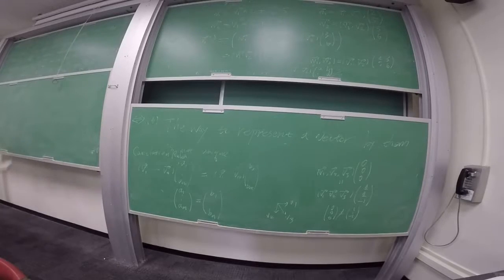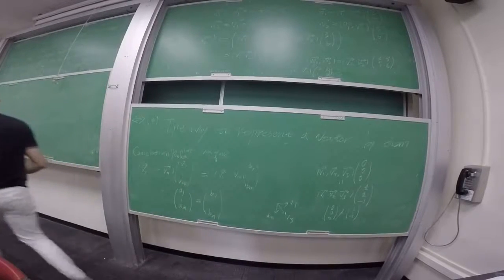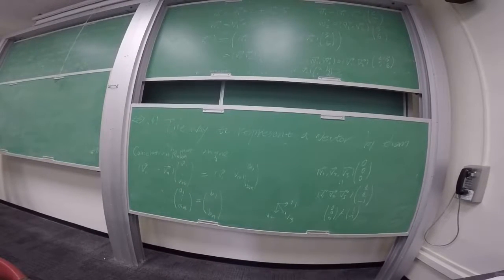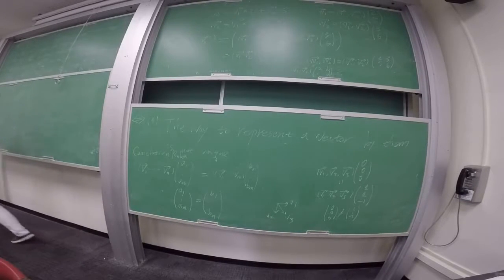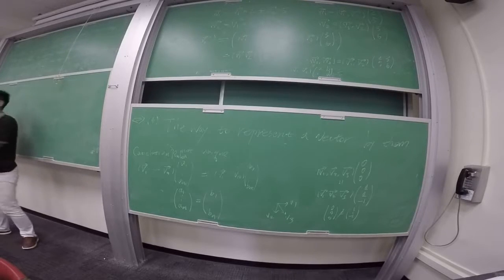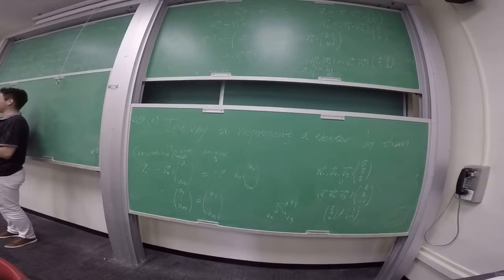Okay, still have some minutes, but I'll just say an idea about all the spaces. We said a lot about linear independence, but what do we want to do? We just want to study the space by reducing everything to a linear combination of something, right?